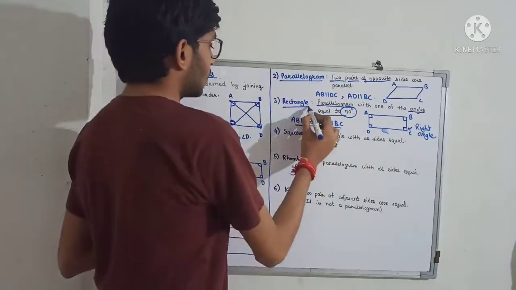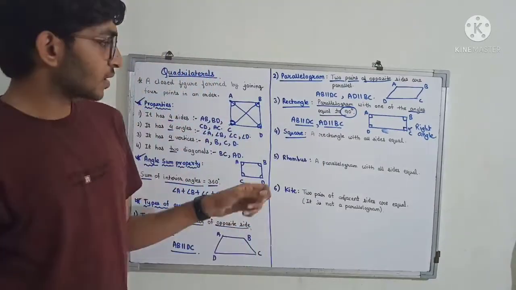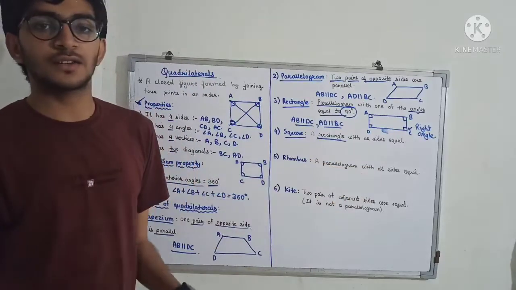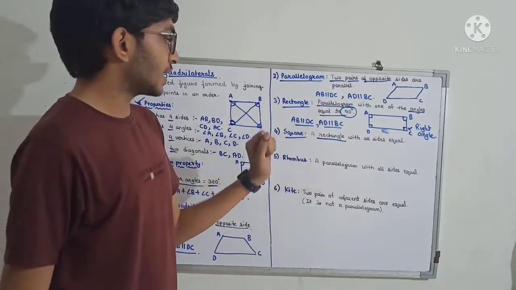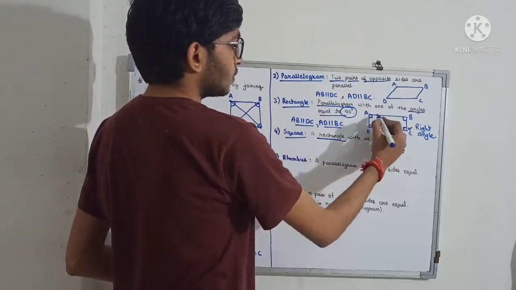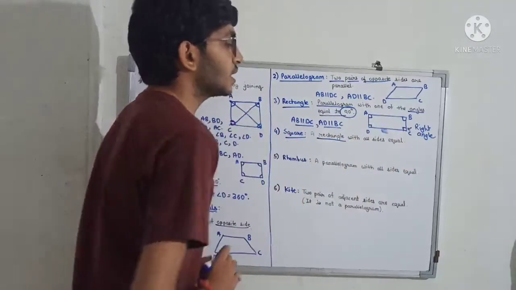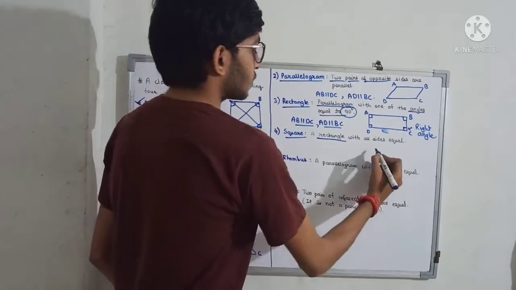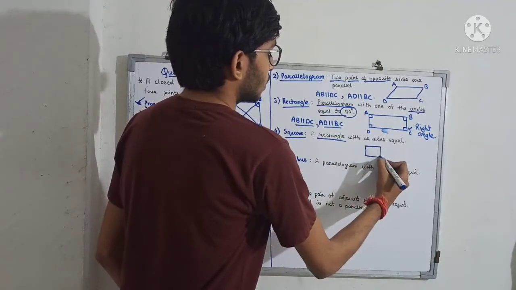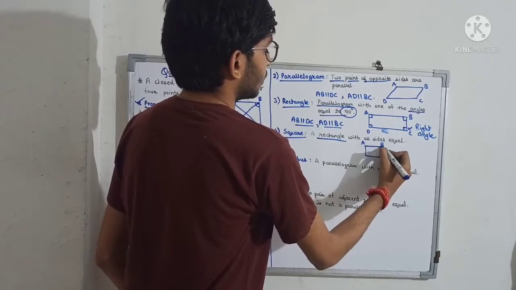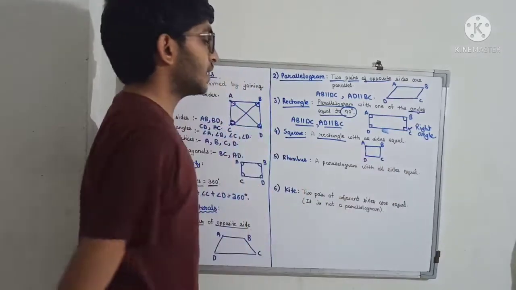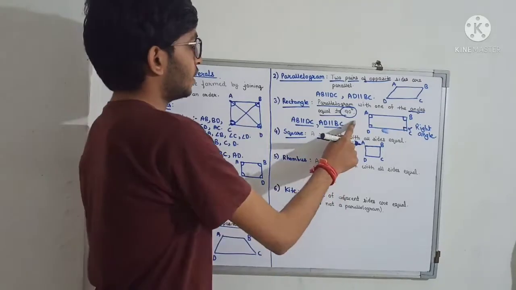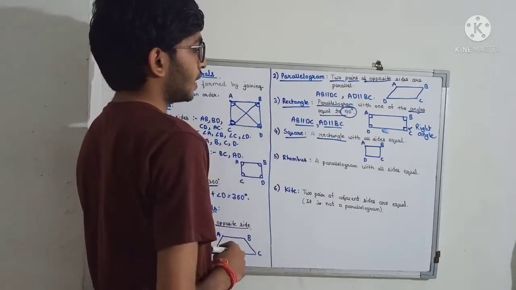Now the next type of quadrilateral is a square. A square is a rectangle with all sides equal. What does it mean? It has all the angles equal to 90 degrees, and apart from this all sides are also equal. So this is a square A, B, C, D. We can see that it is a type of rectangle, which is a parallelogram with one of the angles equal to 90.